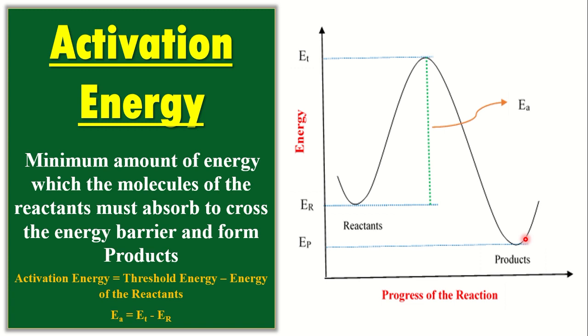So if the reactants are not quite reactive, then we have to heat the reactant mixture to bring about the reaction. That heat is absorbed by the reactant molecules so that they can cross this energy barrier and form the product. In most other cases, heating is not at all required. So activation energy is the energy difference between these 2 points, and it is represented by the symbol EA.